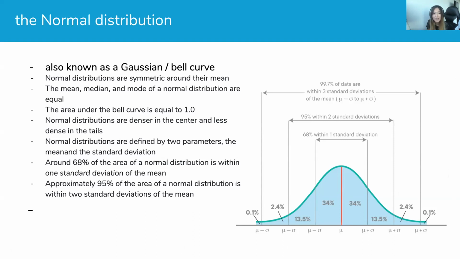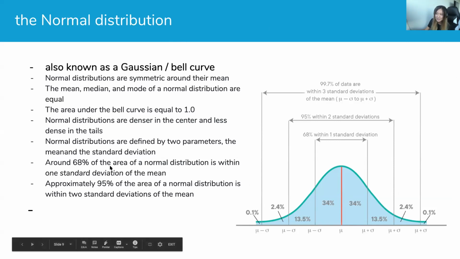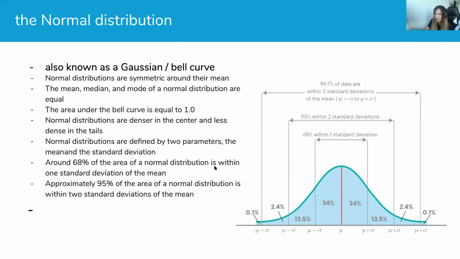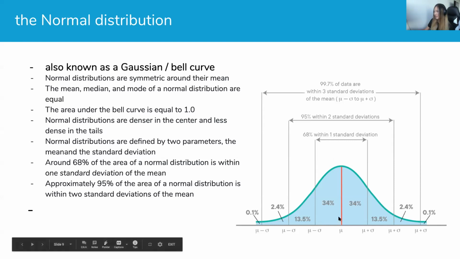And one more thing about the bell curve that I feel more mathematically quantifies all of these characteristics is that about 68% of the area of a normal distribution is within 1 standard deviation of the mean. So what that means is you are given this mean and you're given a standard deviation.